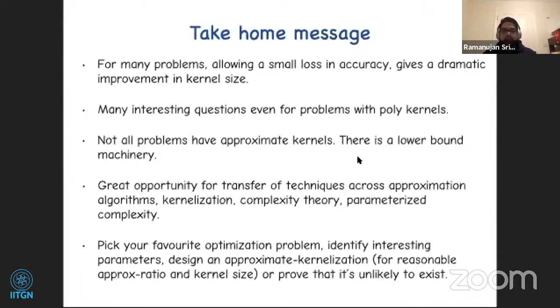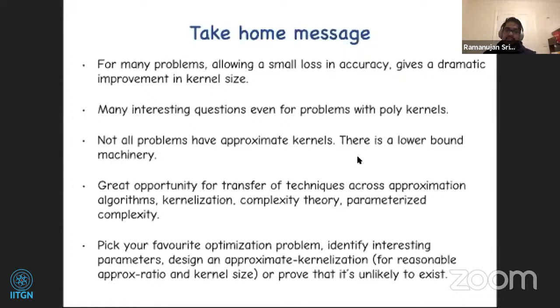But now, what these two talks hopefully have given you is hope that that's not the end of the story, and that definitely need not be the end of the story. And you can then ask yourself, okay, if there is no polynomial kernel, could there then be an approximate polynomial kernel?